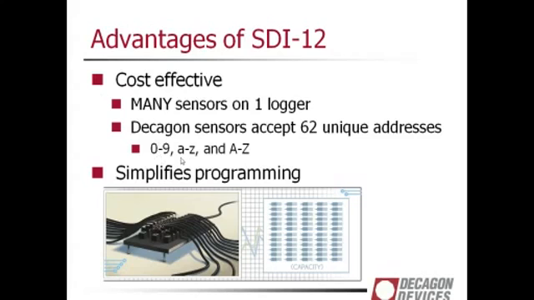That's 0 to 9, then lowercase a to z, and then uppercase A to Z. It does simplify the programming in some cases, and basically you can have 62 sensors on each port. So a logger with 4 communication ports can have more than 200 sensors on it.